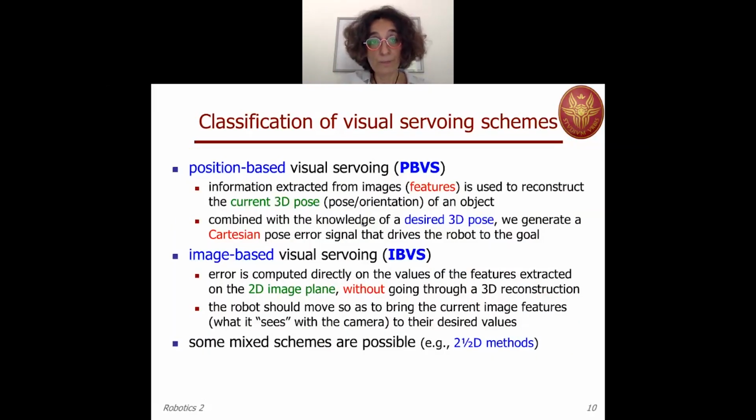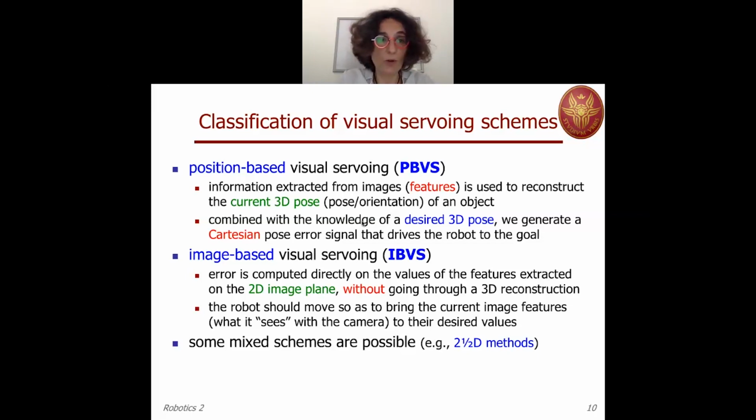Now, the visual servoing schemes can also be of two different kinds, depending on the way we generate the error.